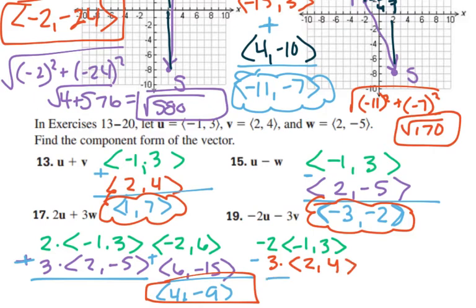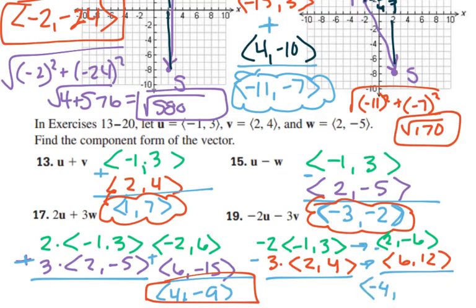And so officially, if we're going to subtract those, it becomes 2, negative 6. That will be subtracted with 6, 12. And so our answer becomes 2 minus 6, which is negative 4, and negative 6 minus 12, so negative 18. Anyway, showing lots of the steps for that one.